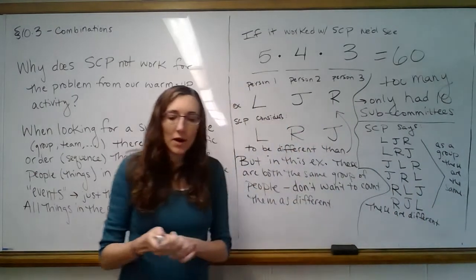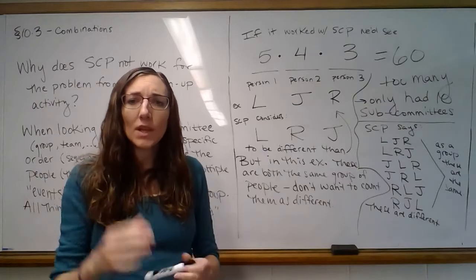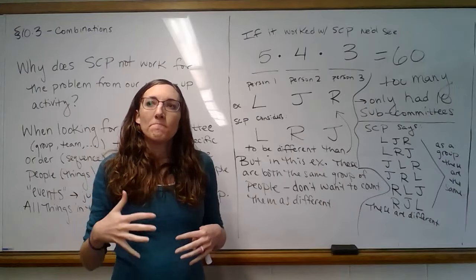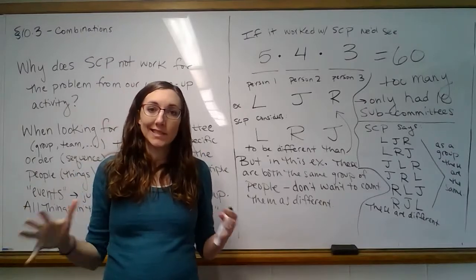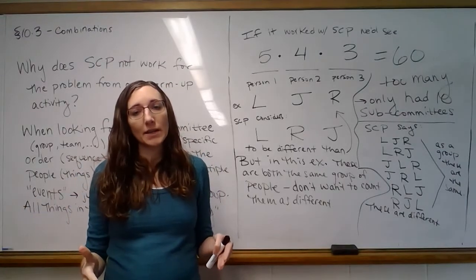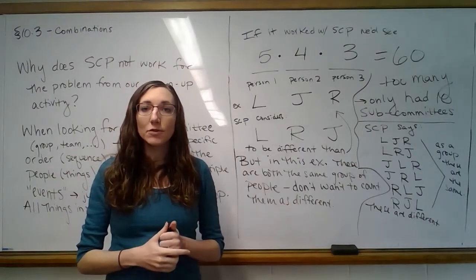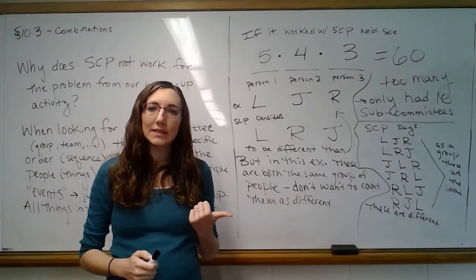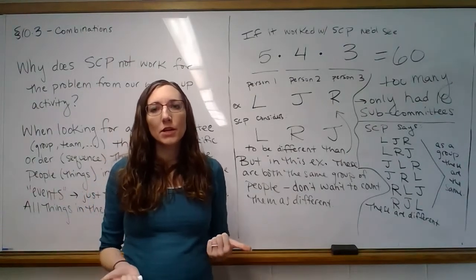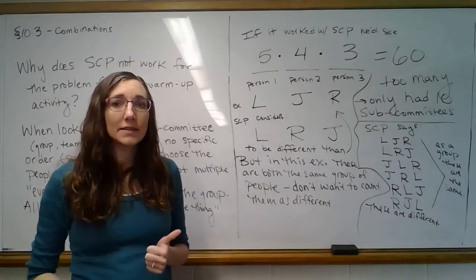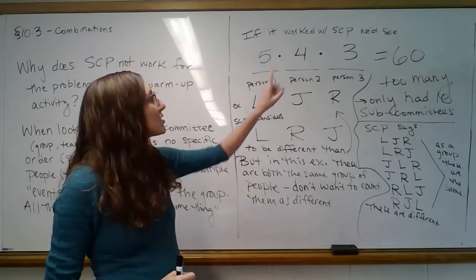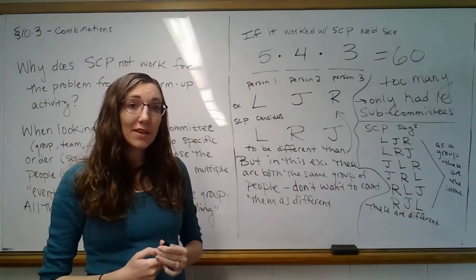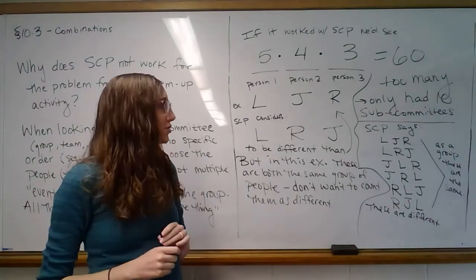One of the things I want us to notice is that later in this section we're going to look at how to describe this type of scenario that we're trying to count, and then we're going to learn a new way of counting it. This motivates why the formula we're going to learn works the way that it does. Sequential counting started with a total of 60, when really there were only 10 distinct groups.